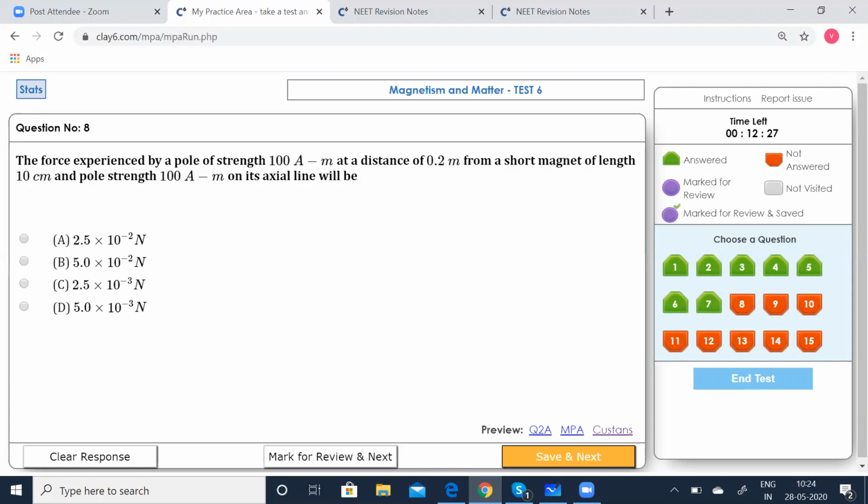The force experienced by a pole of strength 100 ampere meter at a distance of 0.2 m from a short magnet of length 10 centimeters and pole strength 100 ampere meter on its axial line. So you are making use of the formula here. Had you been thorough with the formula from the NEET revision test which we had given, it should be pretty easy to apply here.